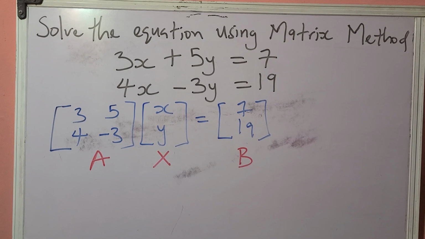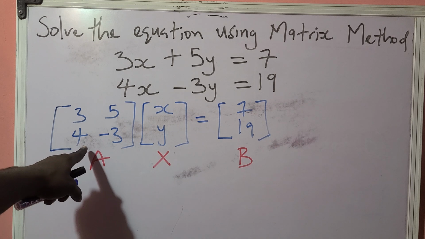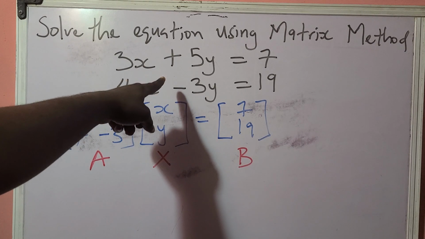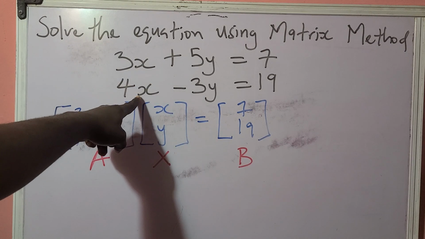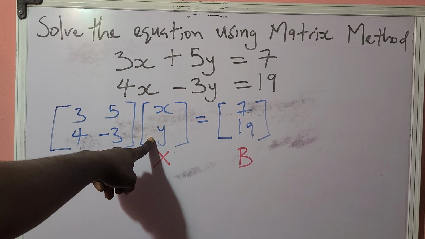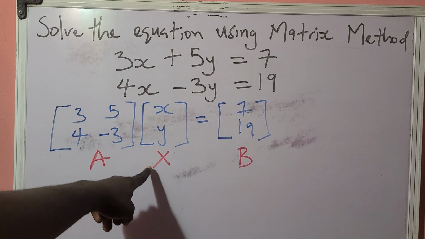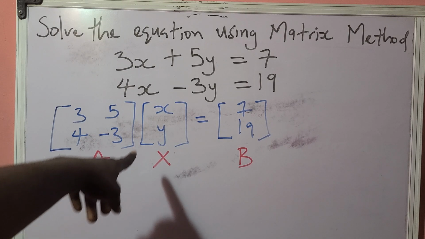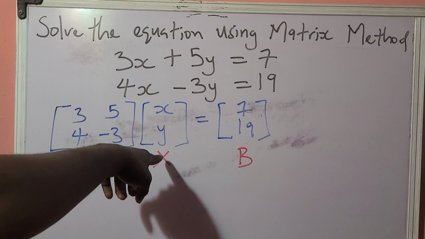So I'm going to call these matrix A, matrix X, and matrix B. What we have to do next is to resolve our equation. For us to solve this equation, we're looking for our variables, that means the values of x and y. We can see x and y are embedded in matrix X. This means that matrix X is our matrix of interest. We want to find the value for matrix X.